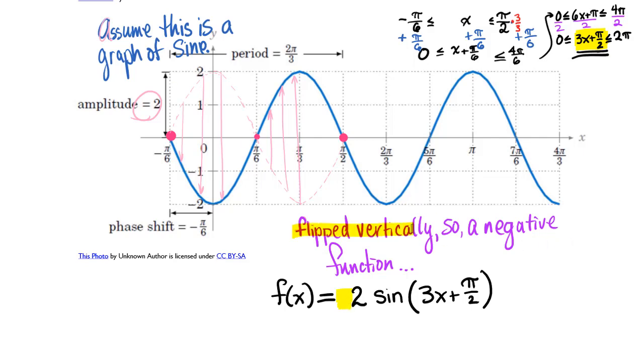Because remember, if you flip something vertically, you have to have a negative function on the outside. So we will put a negative out here. So it is a negative 2 sine of 3x plus pi over 2.